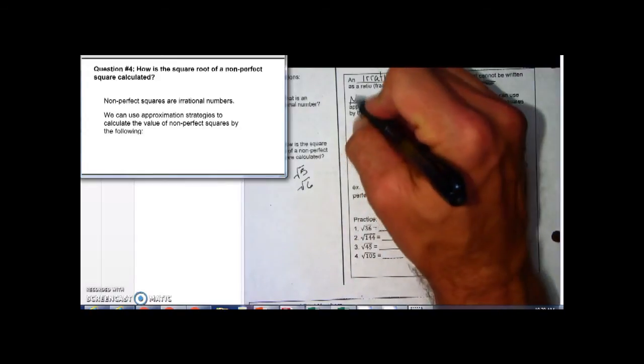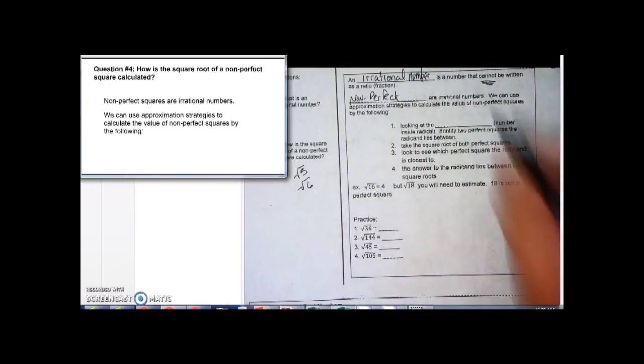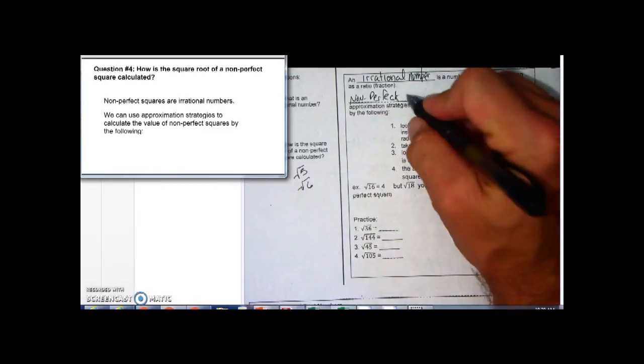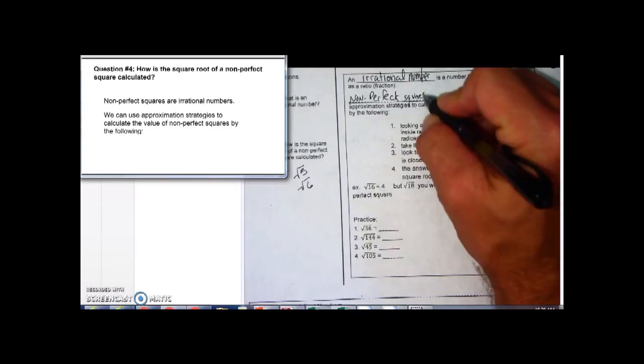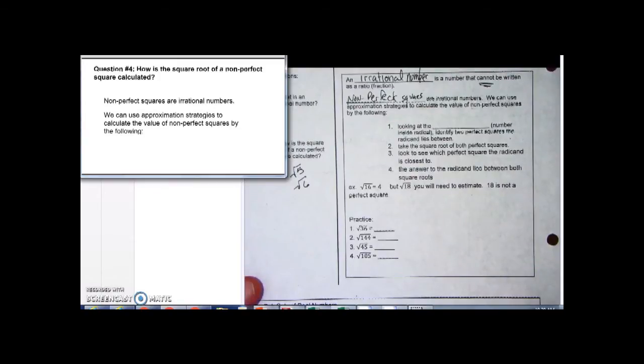Those are non-perfect squares. Non-perfect squares are irrational numbers. But we can use approximation strategies to calculate those values.